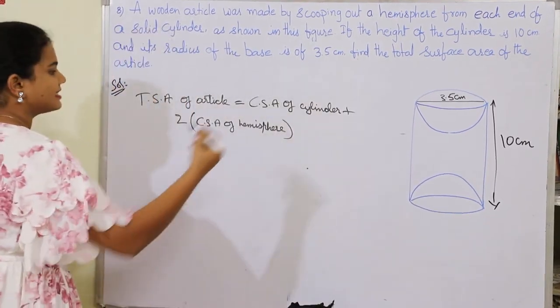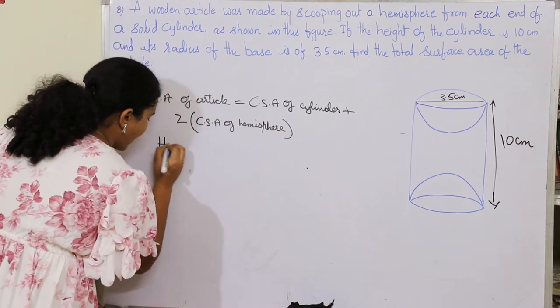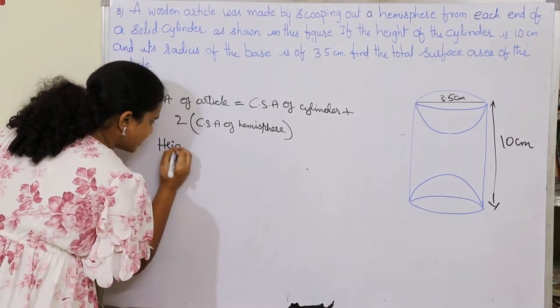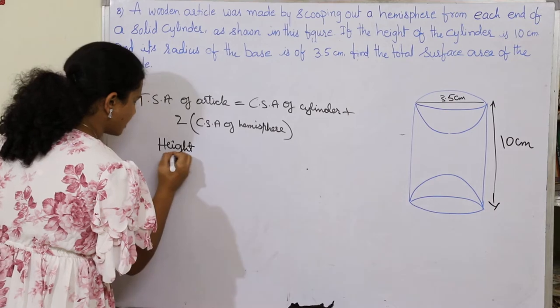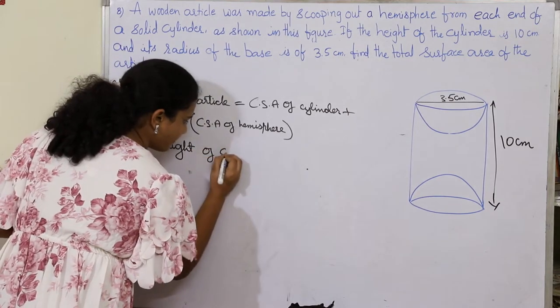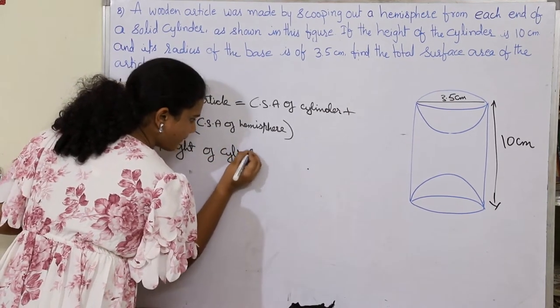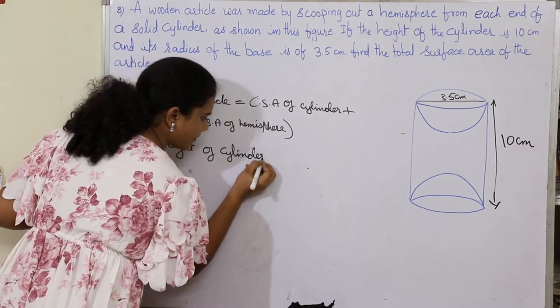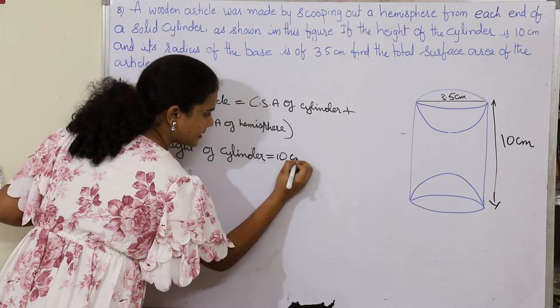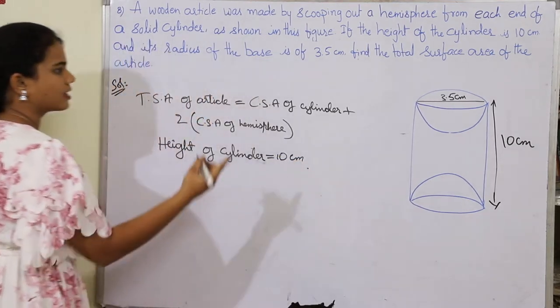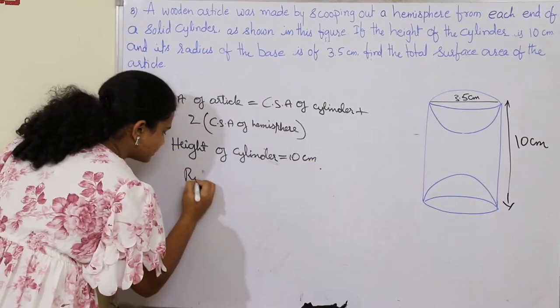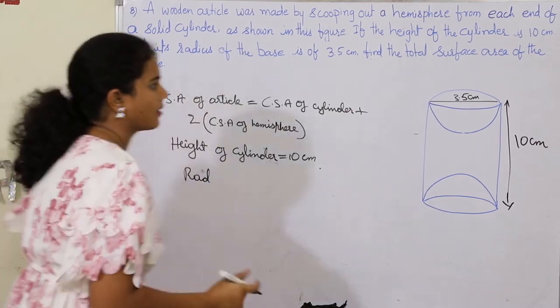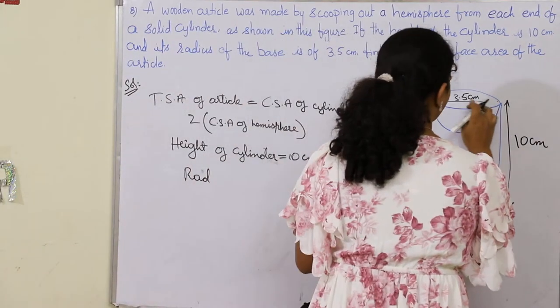Now let's write down the given data. Height of the cylinder is 10 centimeters. Then you have radius, R, not diameter, guys.